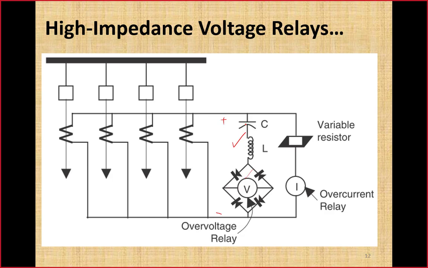So a tuned filter, tuned at the fundamental, in series with the high impedance voltage relay makes this high impedance branch. In parallel to that, we have a variable resistor that is known as a varistor. Its impedance is dependent upon the voltage applied across this branch, in series with an instantaneous overcurrent relay over here.